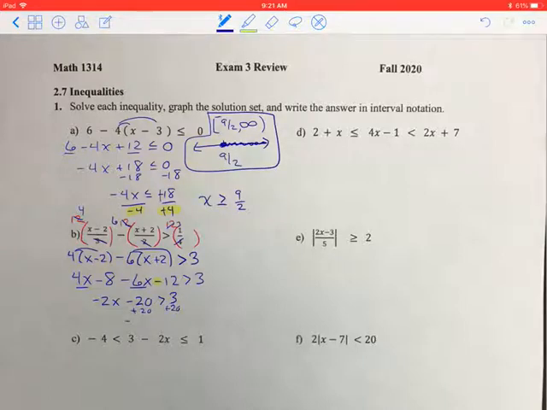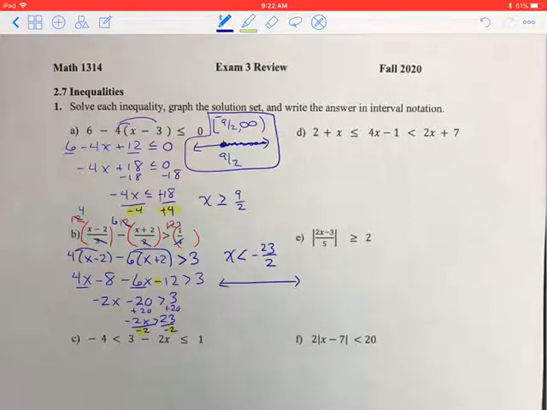I get negative 2x is greater than 23. Once again, I am dividing by a negative, so remember when I divide by a negative, I switch my inequality, so now it's less than, and that's not a really pretty number, so just less than negative 23 over 2.